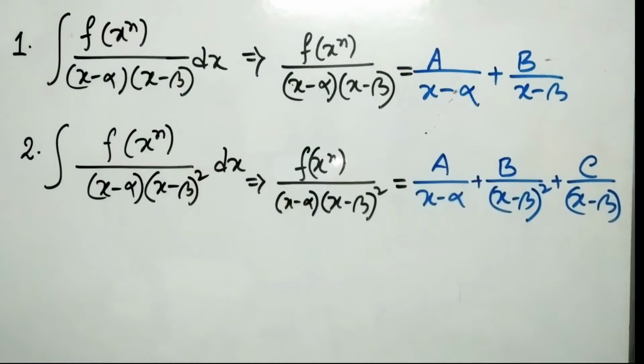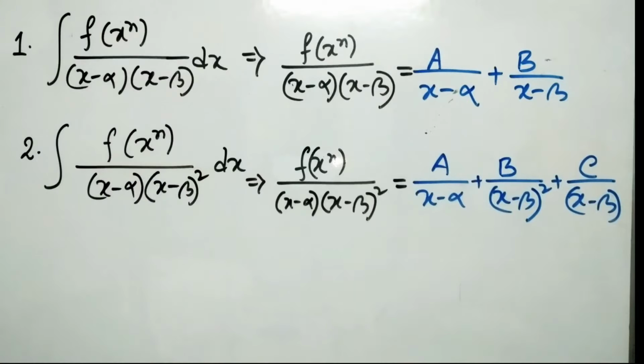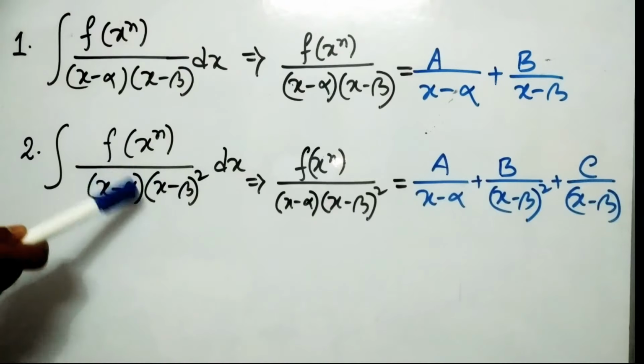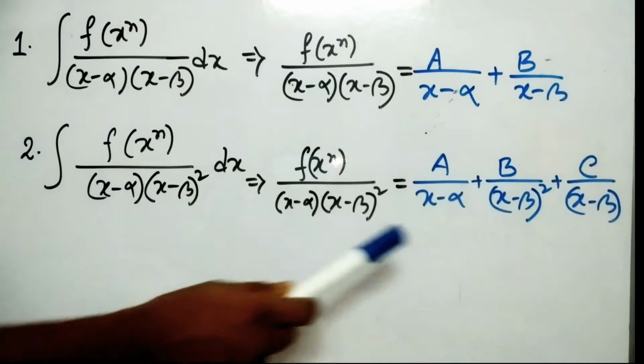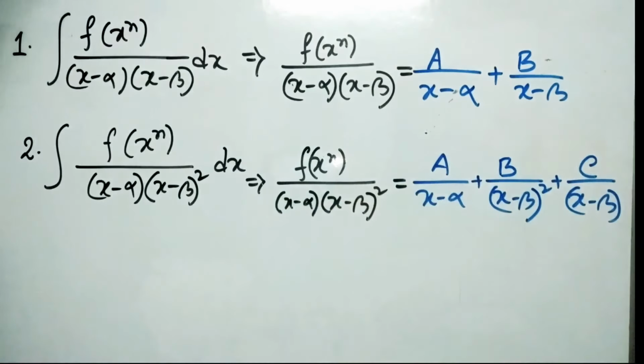In the next category, let us take the denominator as x minus alpha into x minus beta whole square. Here you can see that x minus alpha is a non-repeating factor and x minus beta is a repeating factor. Because x minus alpha is a non-repeating factor, from the first category we can take a by x minus alpha.